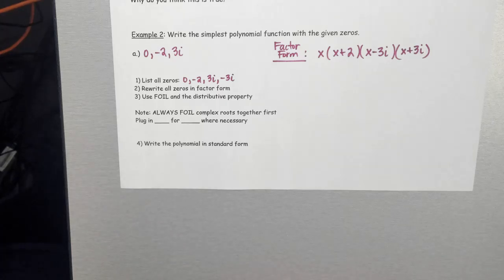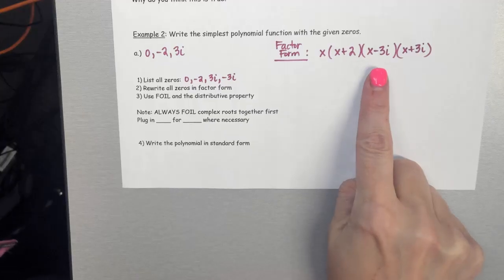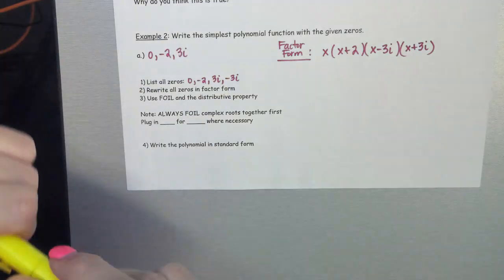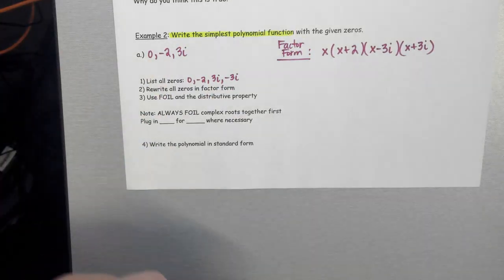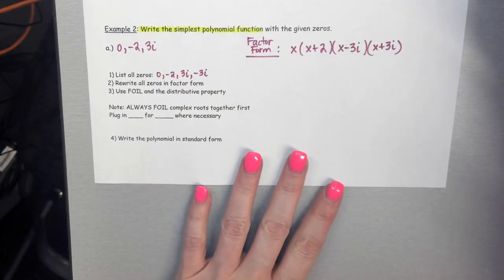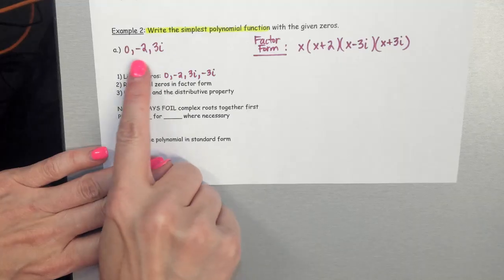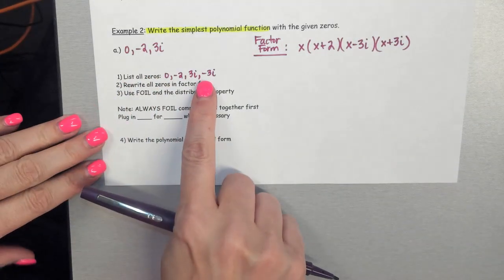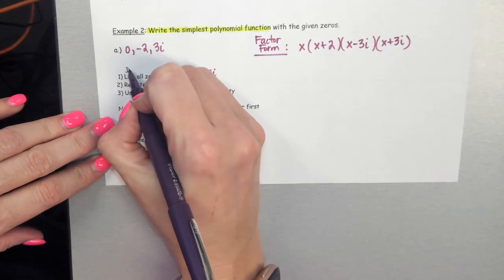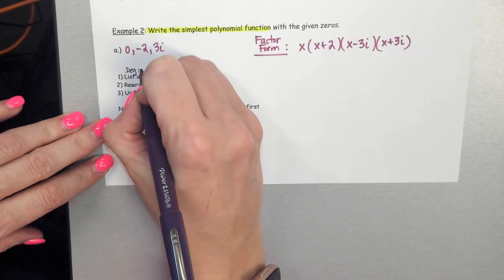No, but I think I know what you're thinking of, and that's going to happen when you multiply these together. So when you're writing the simplest polynomial function, you want to have the polynomial of the least degree. So the least degree for this, if you have these 3 zeros, you need to have a degree 4 because the I comes in pairs.